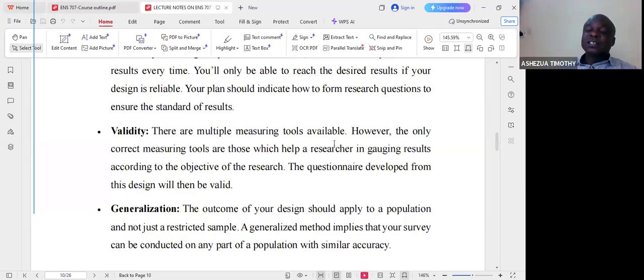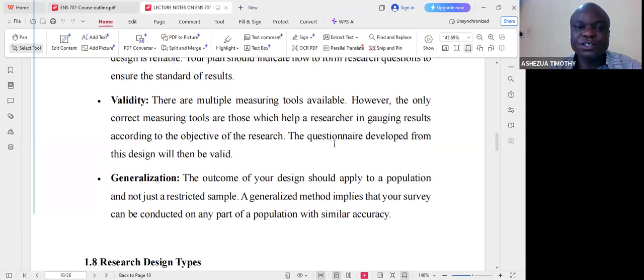Like in our school here, those in the College of Education, when they design their research questions, they take it to an expert, especially a senior colleague in that area, to validate it. When a senior colleague validates it, he has the experience. He has been doing that routinely. He will validate your research.